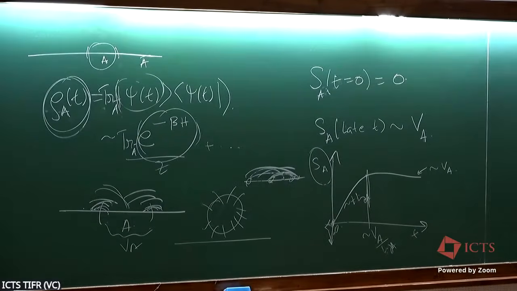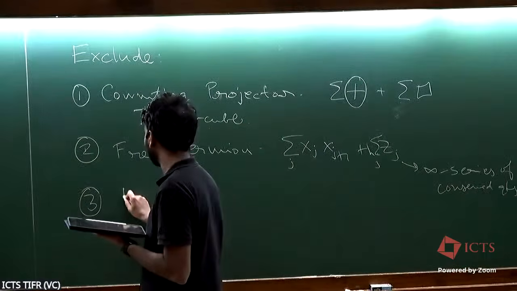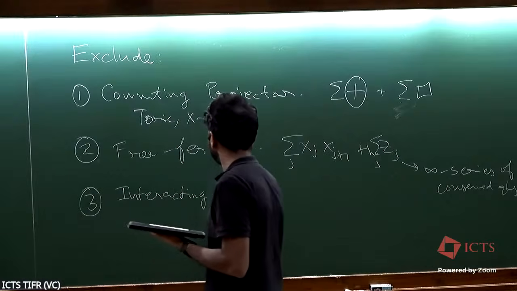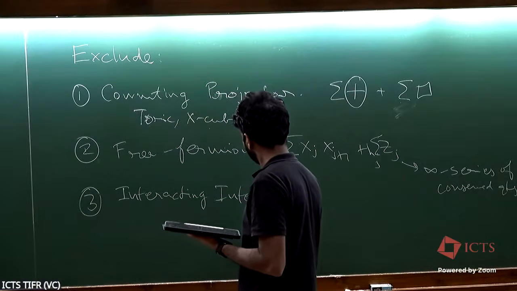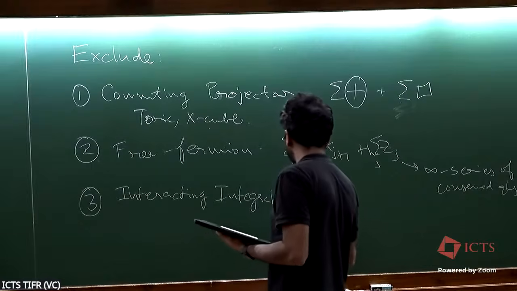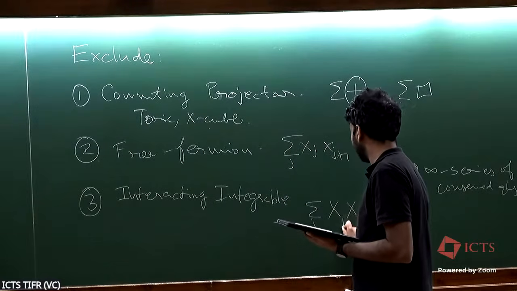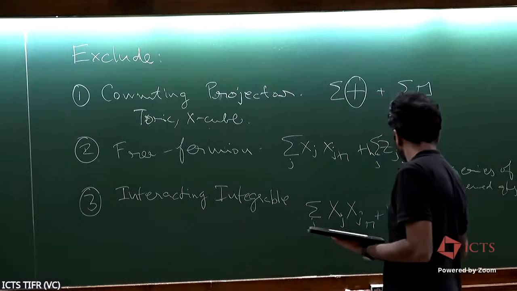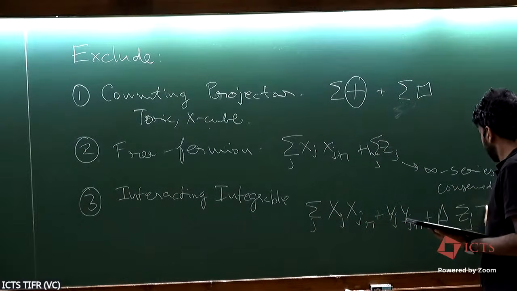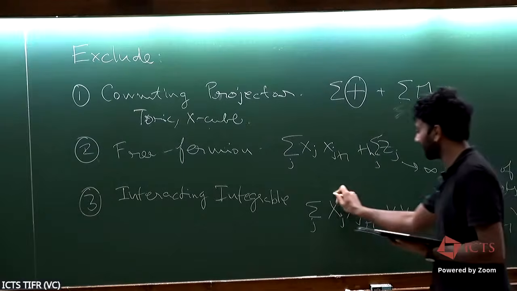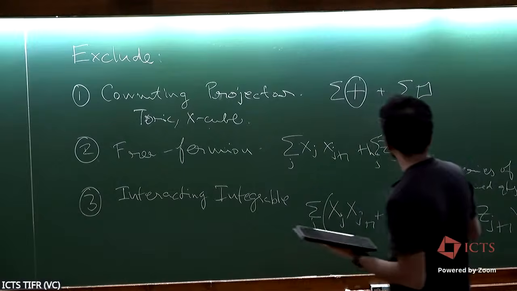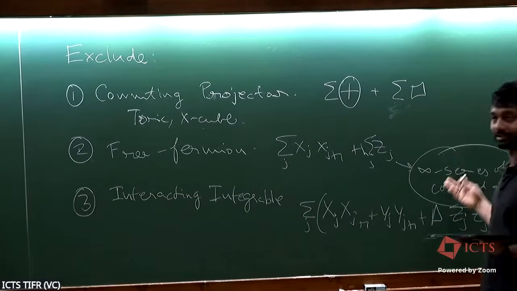And that is a whole field in itself, and slightly more complicated things are interacting integrable models, which are things like the XXZ model. Which also turn out to have, in a highly non-trivial way, this infinite series of conserved quantities.